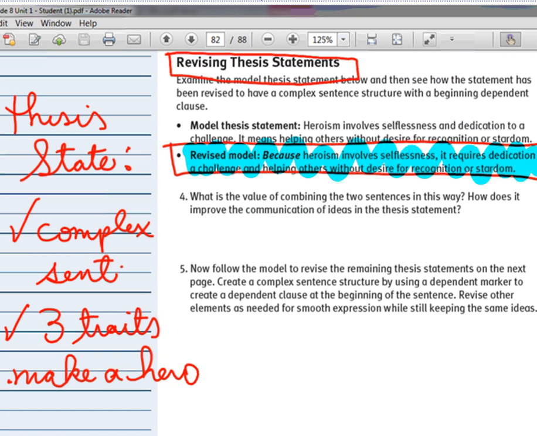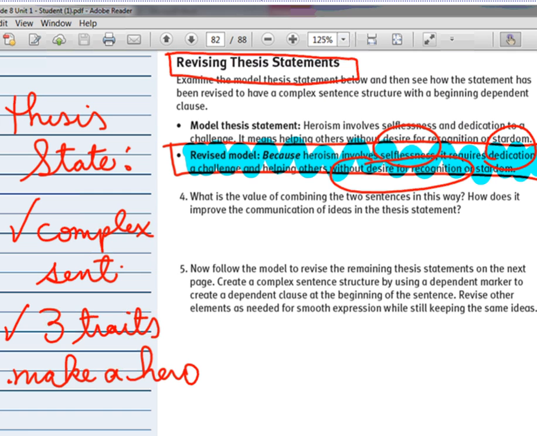So according to this author, a hero is selfless or has selflessness. They have dedication, and they don't have a desire for recognition. We could say that those are 3 major traits that this student would be writing about in regards to their hero.